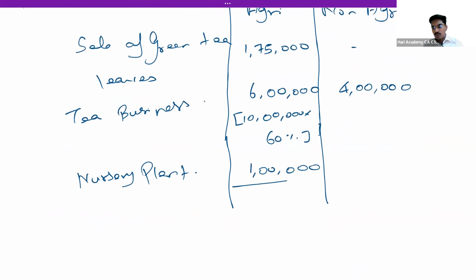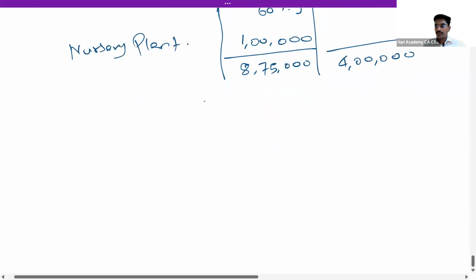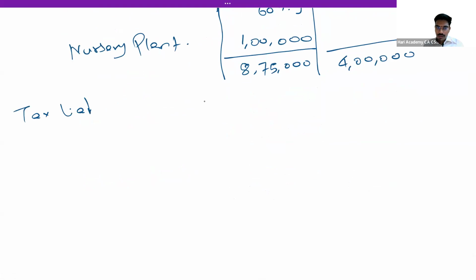So now the total agricultural income is going to be 8 lakhs 75,000, and here non-agricultural income is going to be 4 lakhs. Now the next step is to find the tax liability as per the partial integration method.